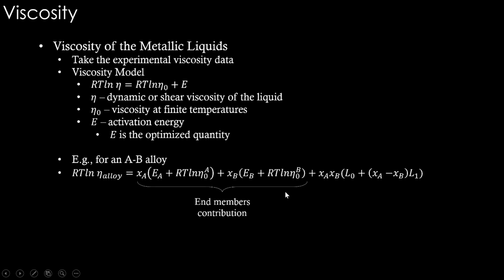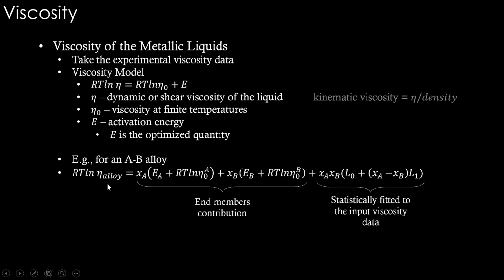So this part is the end-member contribution or the pure element contribution, and this part is the one which is statistically fitted to input viscosity data, and that's for the higher order, for the binary interactions. Okay. Once it is done, we can get this η_alloy. If this η is taken and divided by density, we get the kinematic viscosity. Okay. So both this dynamic viscosity and kinematic viscosity can come by modeling them like this.